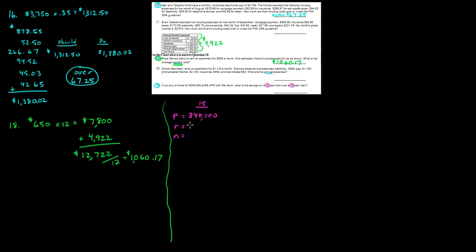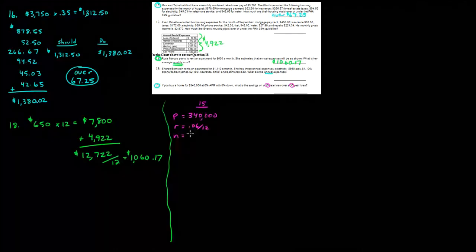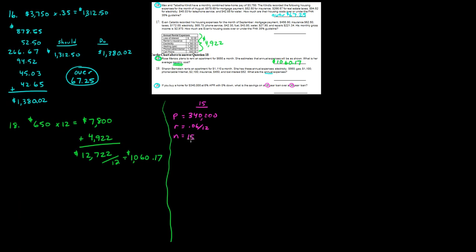And my P on 15 years is $340,000. My R is 0.06 divided by 12. And my N on the 15 years is 15 times 12, which is 180. This gives me 0.005. So if I were to put that into my monthly payment formula, it would look like this.